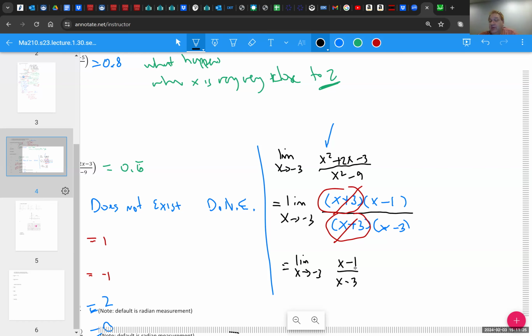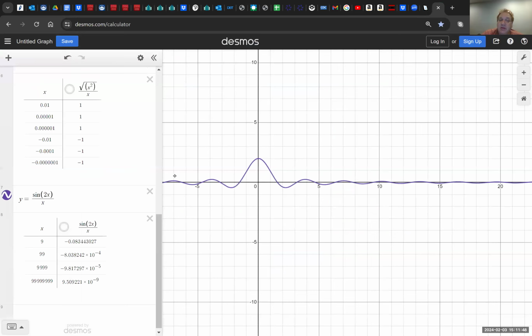We can graph this function separately, and we can notice it's a continuous function. We can even find out what happens at -3 by substituting in the -3 value. This only works for continuous functions, so we have to verify this is a continuous function. I can graph the function y equals x minus 1 over x minus 3. Let me do that real fast.